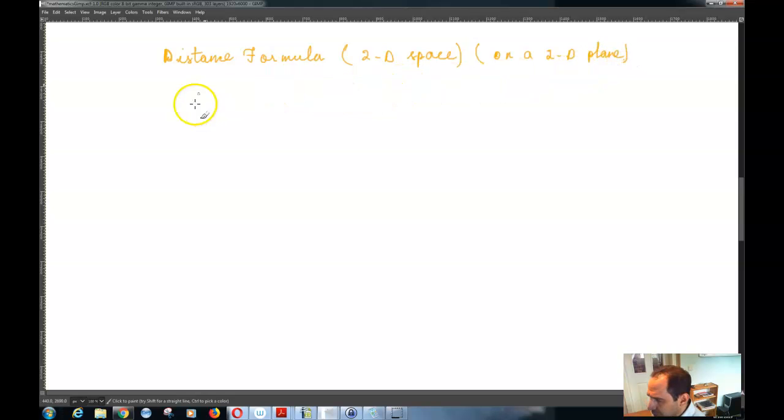And the formula that we had for that kind of situation was basically AB. For example, the distance between 2 points AB is going to be equal to the square root of (x2 minus x1) whole squared plus (y2 minus y1) whole squared.